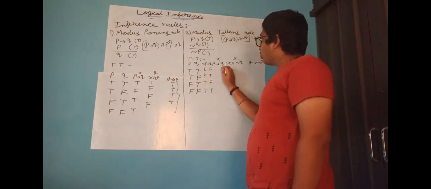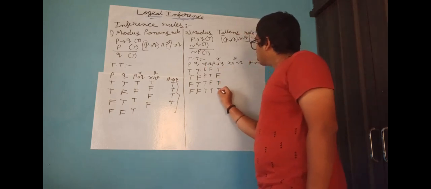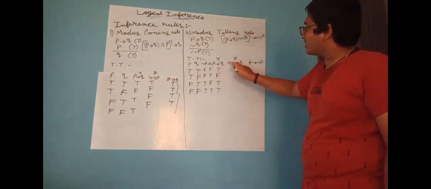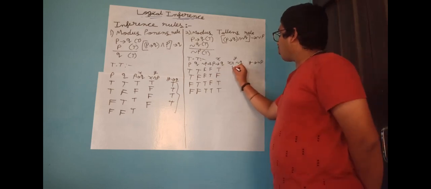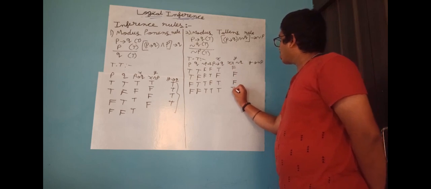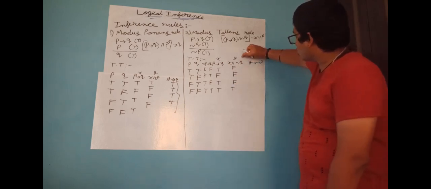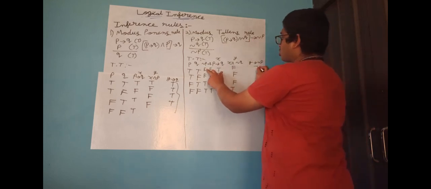First what we need to do? P implication Q: true, false, true, true. And it is stored in X. X and negation Q: true and false, false, false, false. This becomes true. This is stored in Y. Y implication negation P: false, false, true.